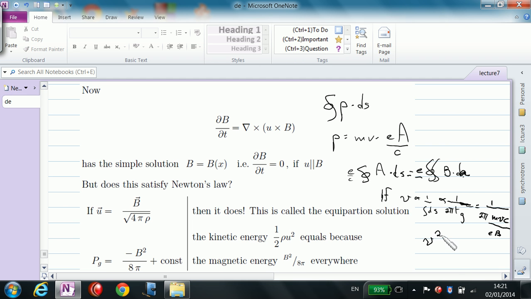So v squared is proportional to eB over mc.